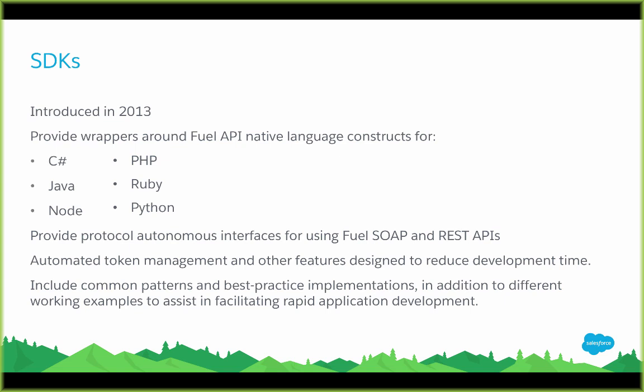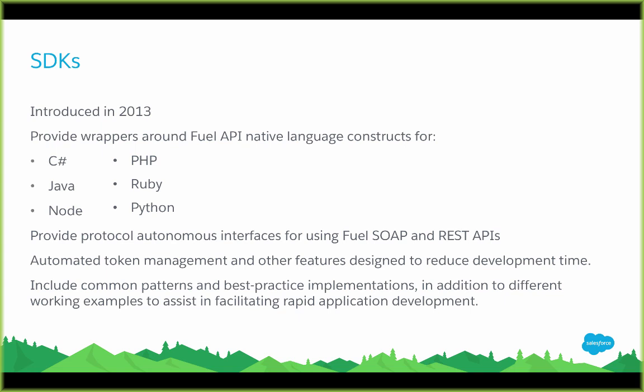There are some really nice features built into the SDKs, and one example is that at their core, each SDK includes a client library for managing access tokens. So you don't have to be concerned about when your access token expires and going and getting a new OAuth access token, which we'll take a look at shortly.